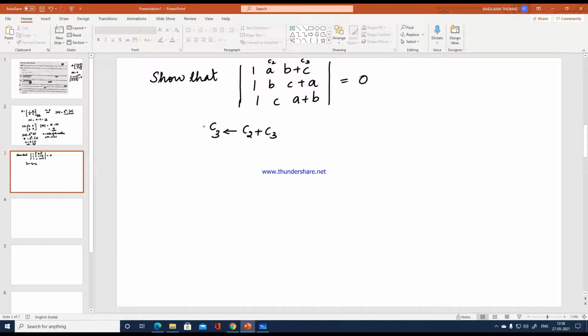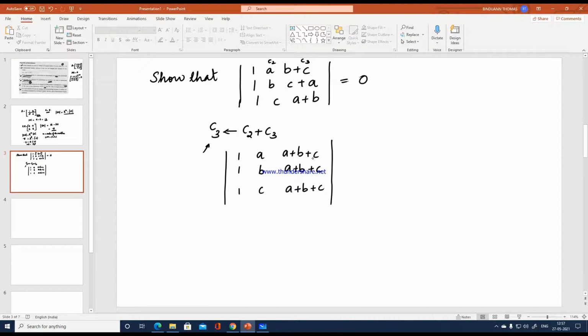This is the operation that I am going to do. I'll keep the other columns as such: the first column is 1, 1, 1, the second column is A, B, C. The transformation is occurring only on column 3, so it will be A plus B plus C, A plus B plus C, and A plus B plus C.